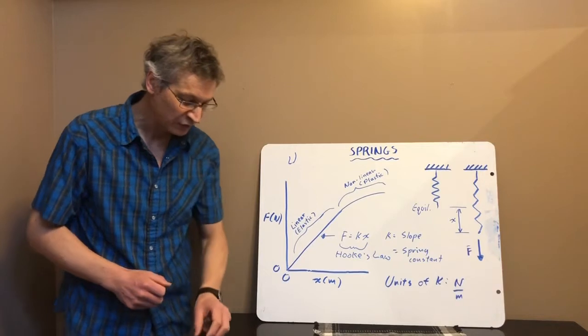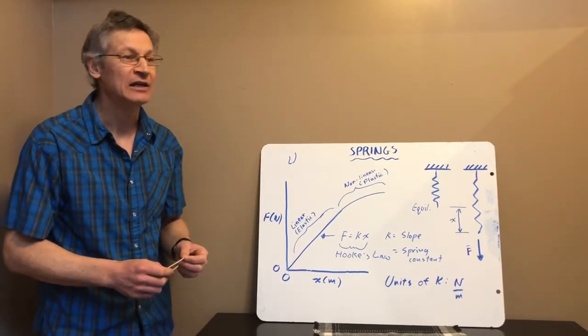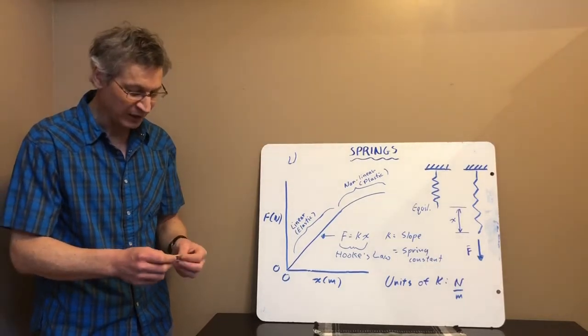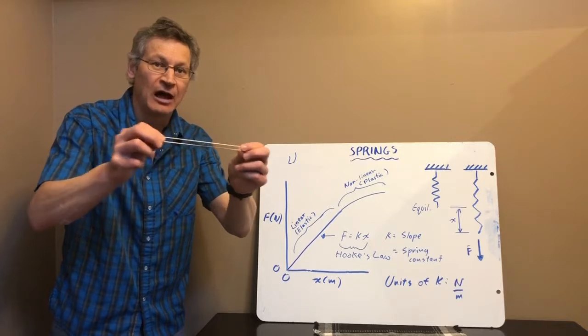What we want to do next is learn how to calculate the potential energy that is stored in a spring. And let's face it, an elastic band is definitely a spring.